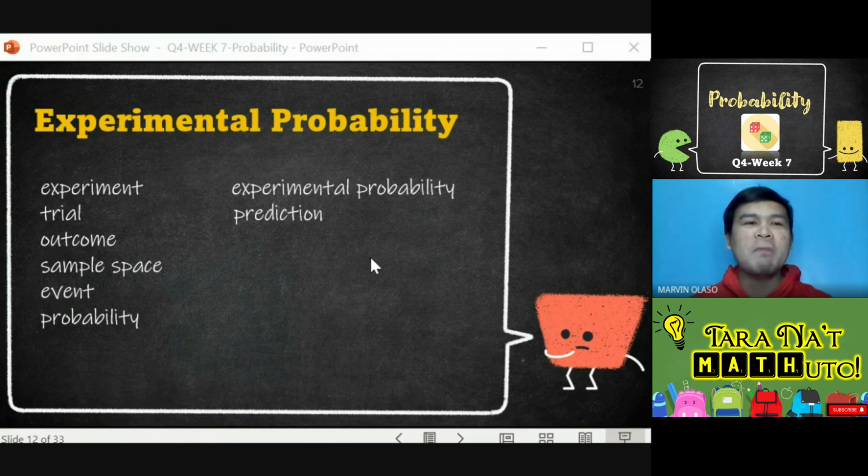Okay, so we have experiment. Ano bang ibig sabihin? Although, ginagamit nyo na ito in other subjects like in science, no? We have trial, outcome, sample space, event, probability, experimental probability, and we have also prediction.